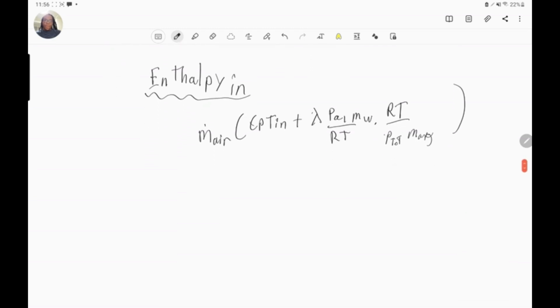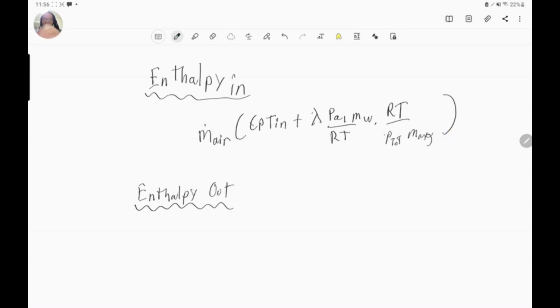And so we have our enthalpy in there, and now we're going to get our enthalpy out. Excuse my bad handwriting. So our enthalpy out is going to be a very similar equation, so I'm just going to copy and paste this.